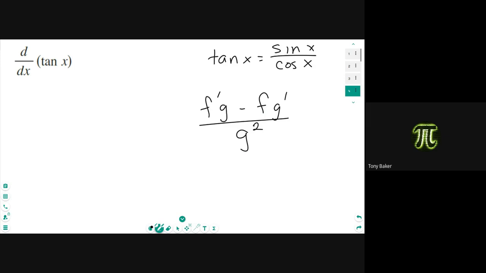Two negative positive. Cosine squared. Okay, these are both what?